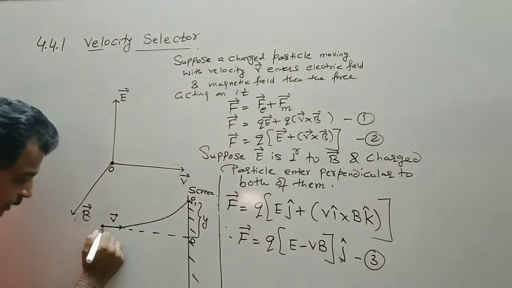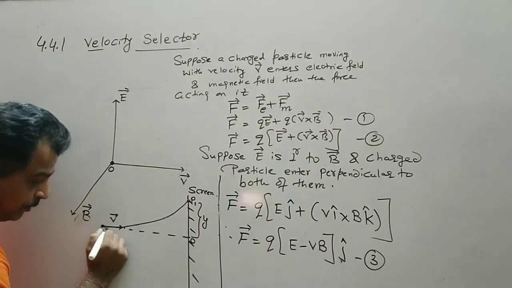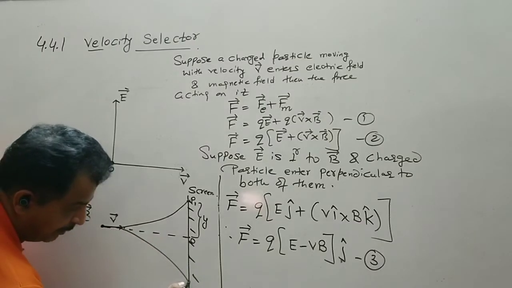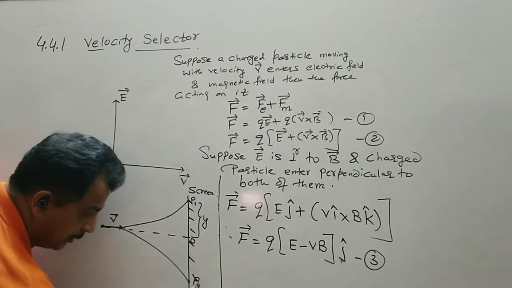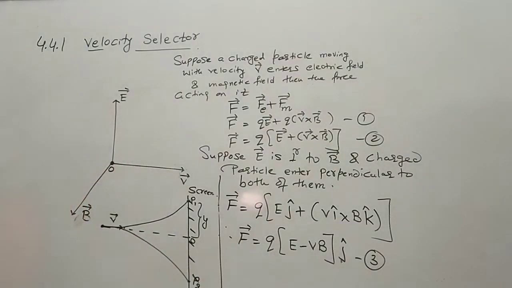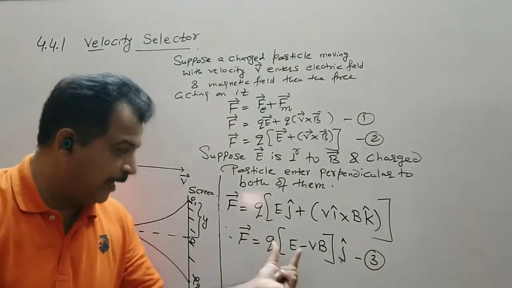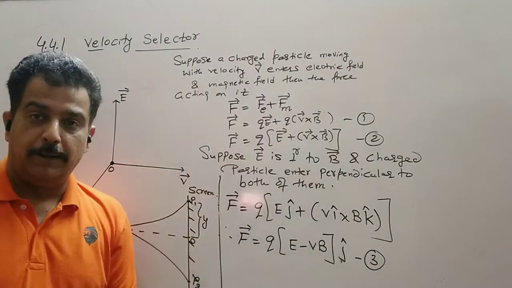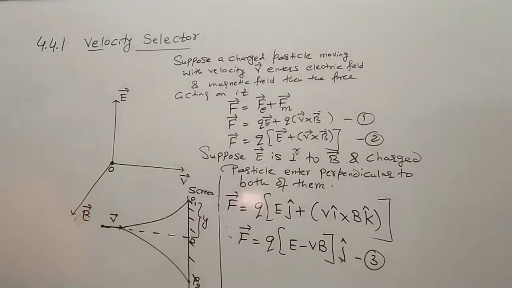So in this situation, the particle again, instead of going straight, will be deflected in the downward direction. Say this point is P2. So if I make these two forces equal, this particle will remain undeviated and I can determine the speed by which it strikes the screen.